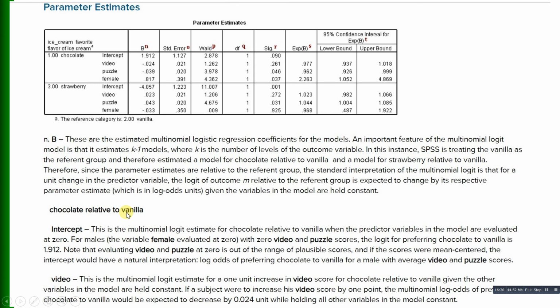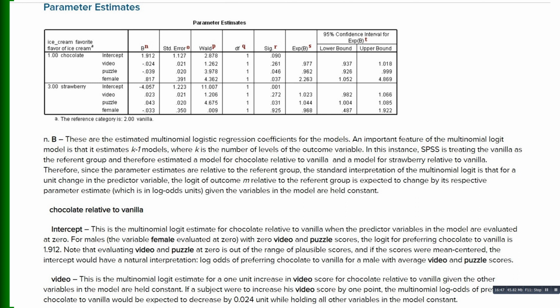Now let me interpret the results, and first I would like to interpret chocolate relative to vanilla, because vanilla is the base category. So here is the intercept, which is 1.912. This is the multinomial logit estimate for chocolate relative to vanilla when the predictor variables in the model are evaluated at 0. For males with 0 video and puzzle scores, the logit for preferring chocolate to vanilla is 1.912.